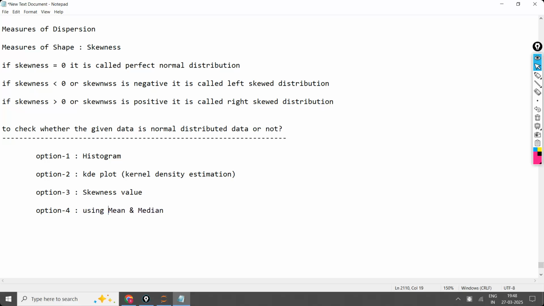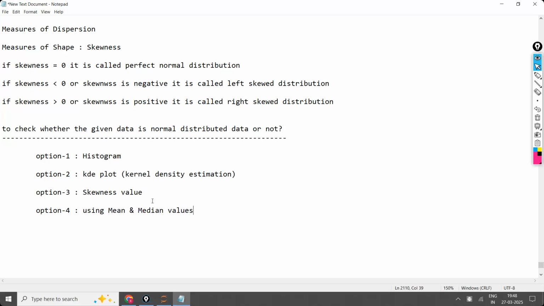Using mean and median values, we can say whether the data is left skewed, right skewed, or normally distributed. Total 4 options are there. You can choose any one.